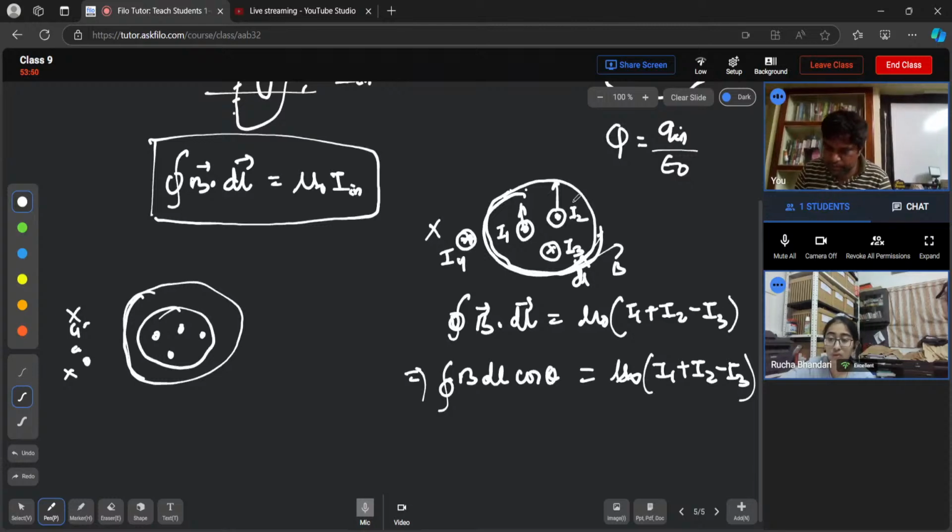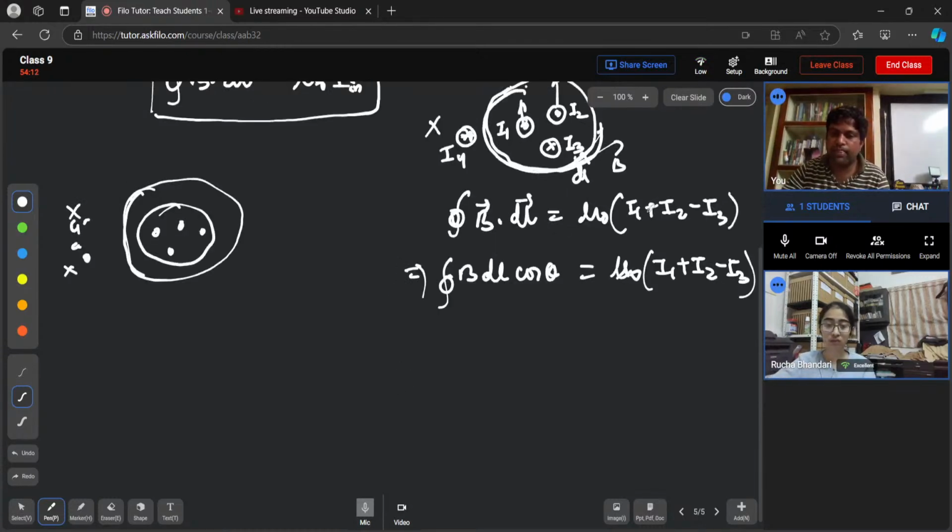Calculate the magnetic field at a distance r from a long wire. It will also come out the same, mu naught I by 2 pi r.